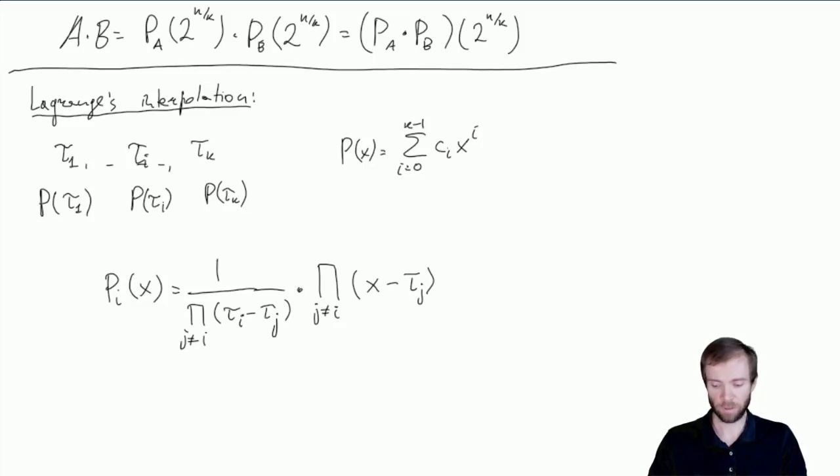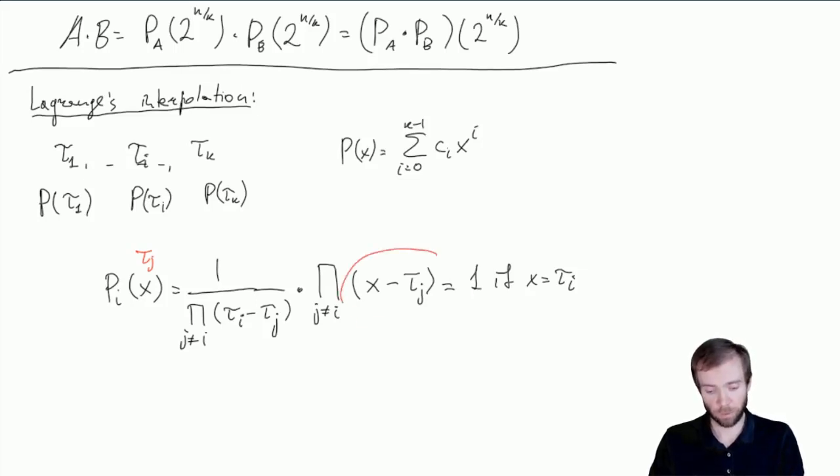So now let's see what happens when we plug in a value tau i for this x. Here we would have the product over all j's of tau i minus tau j, and here we have the same product. So this polynomial will be equal to 1 if x is equal to tau i. Now what if we plug in a different value, tau j, where j is not equal to i?